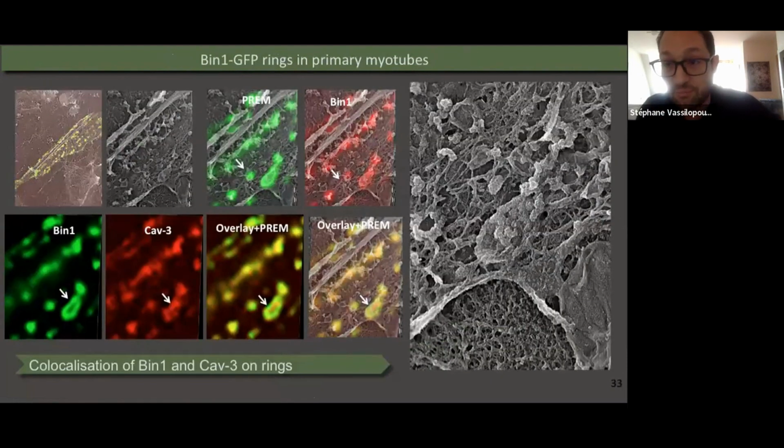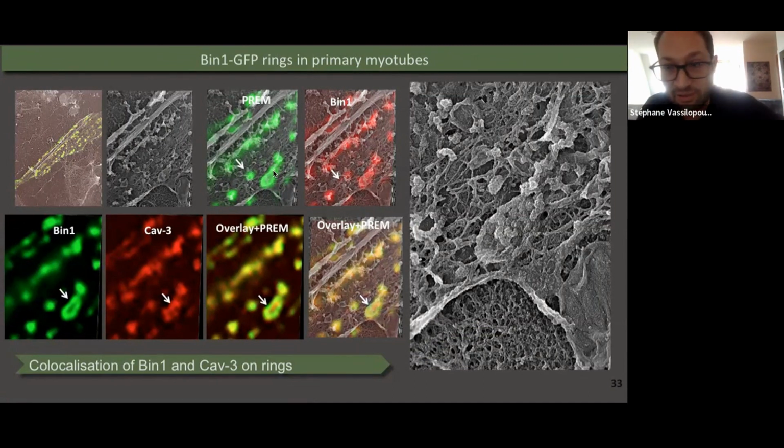And if you do this in primary cells, which are the most elegant way to differentiate them, they are the system which for us drives the furthest in the differentiation, but this time we transduce them with the bin1 GFP. There's a mistake here: this is caveolin 3 and this is bin1. Bin1 is capable of forming these rings with a very good resolution.